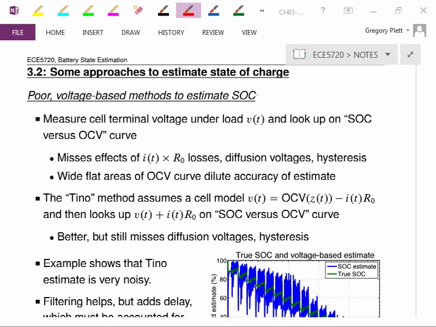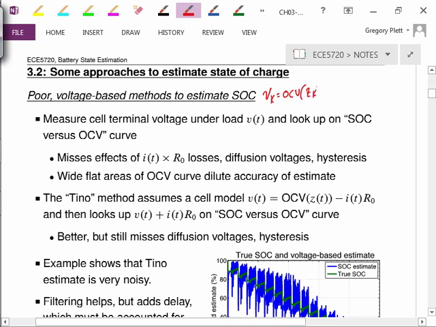The first method that we look at is based primarily on measuring the voltage of this cell. And I remind you, in the enhanced self-correcting cell model, we have voltage equals OCV as a function of state of charge plus hysteresis minus the diffusion voltages minus i_k R0.